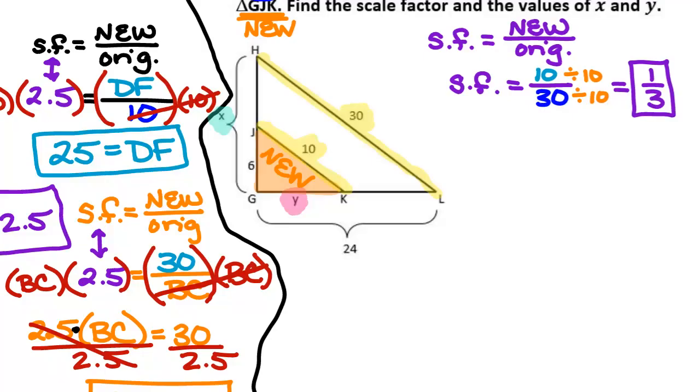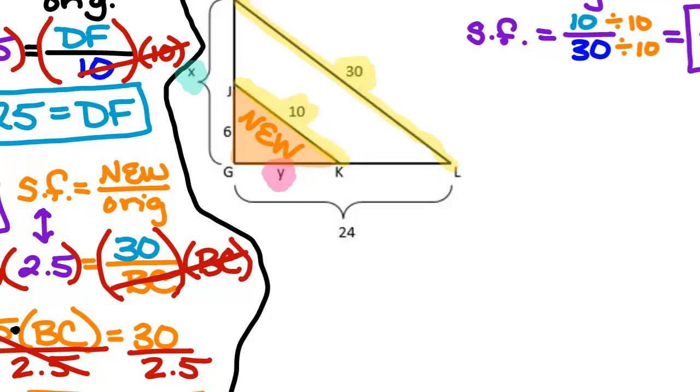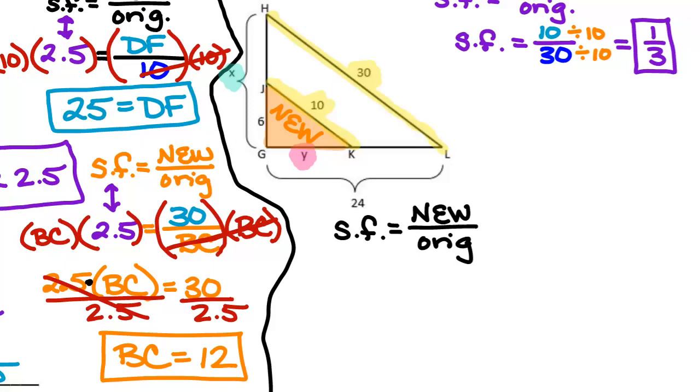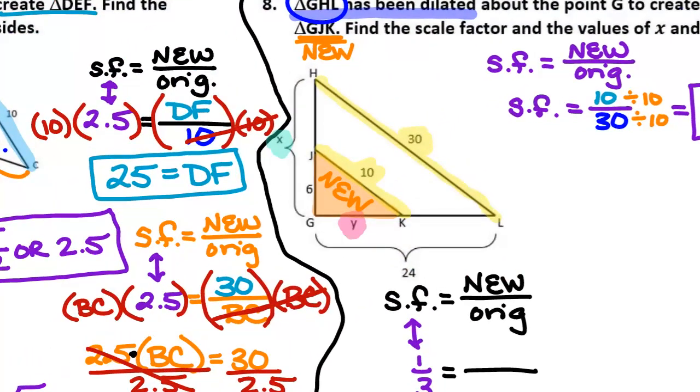So we need to find x and we need to find y. You guys okay if we find x first? So scale factor equals new over original. I'm going to leave my scale factor written as 1/3. So 1/3 equals, go look at where x is.